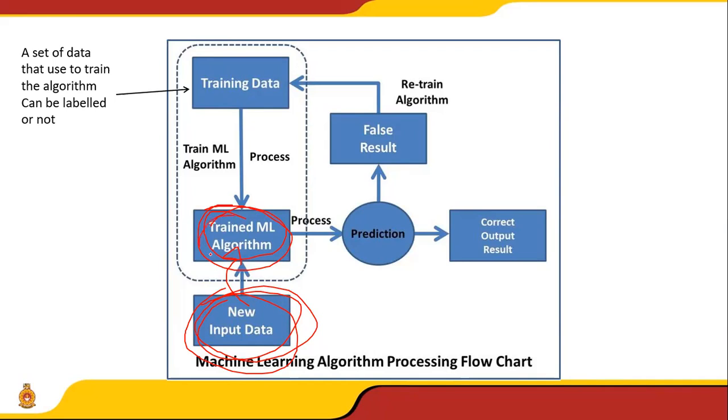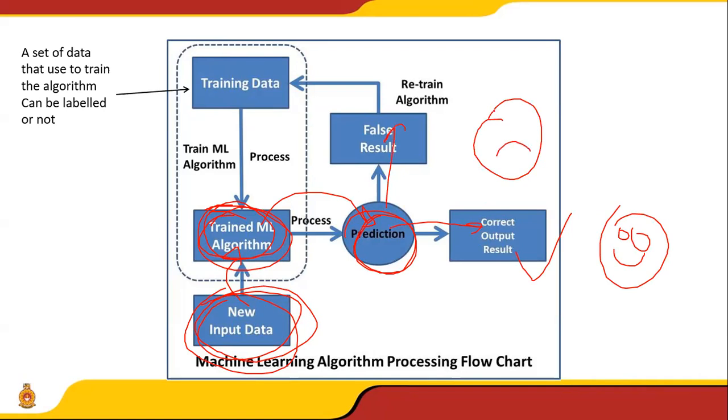Now we have an algorithm. We are going to get a prediction, classification, or whatever the output is. If we have the correct output, of course, we are happy and good to go. In case it is false, then something has gone wrong.